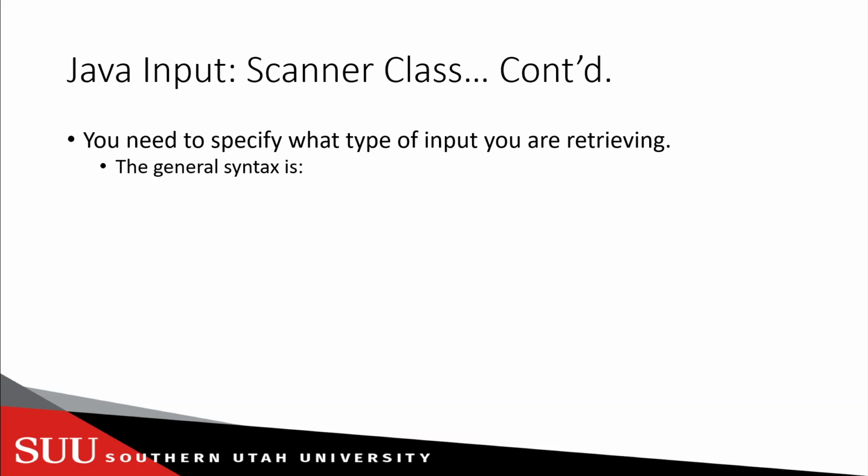The general syntax is this: variable type and then variable name, just like defining a variable, is equal to whatever you named your scanner's object, followed by a dot, followed by a method from the Scanner class that is going to help you acquire that specific variable type.